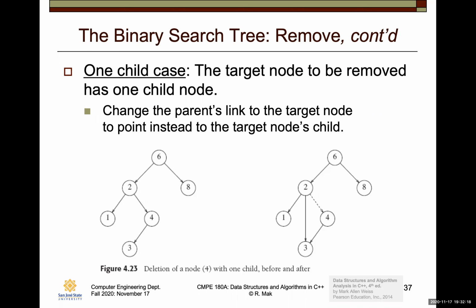The one child case is not quite as simple, but not very complicated. It's basically take this link, this pointer, and point to the child of the node that we're removing, and then this node is gone, and its child is still in the tree. All right. Well, that's the one child case.